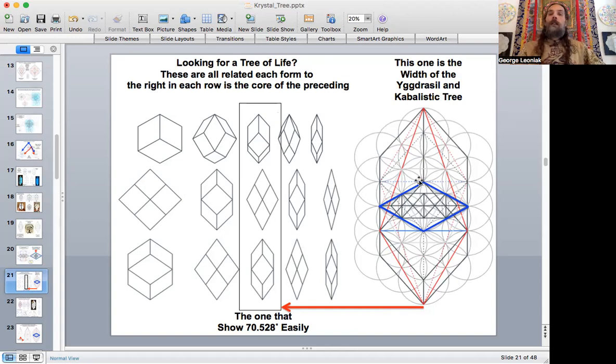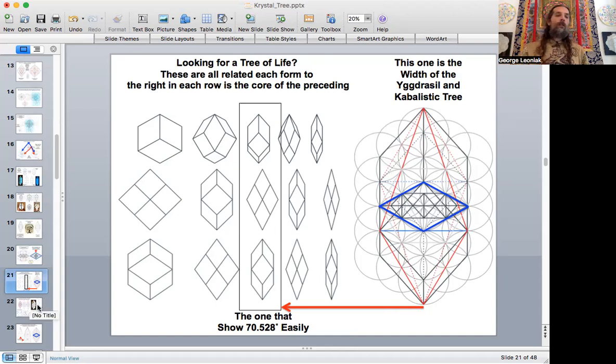But over here on the right, this one is going to combine both the Yggdrasil and Kabbalistic tree, but what it did is it extended the lower and upper lines, as you see here, to not have it just bottom out at that triangle like the Kabbalistic tree of life did, and it extends it up here. So it's a different shape altogether, but it has the double pyramid meeting in the middle of this form.